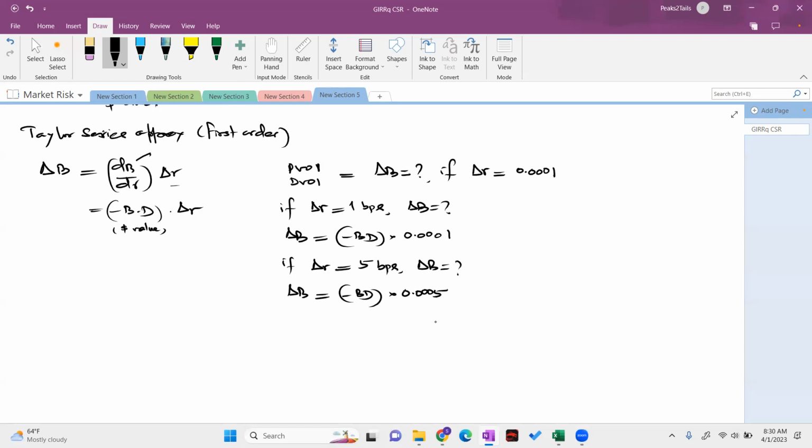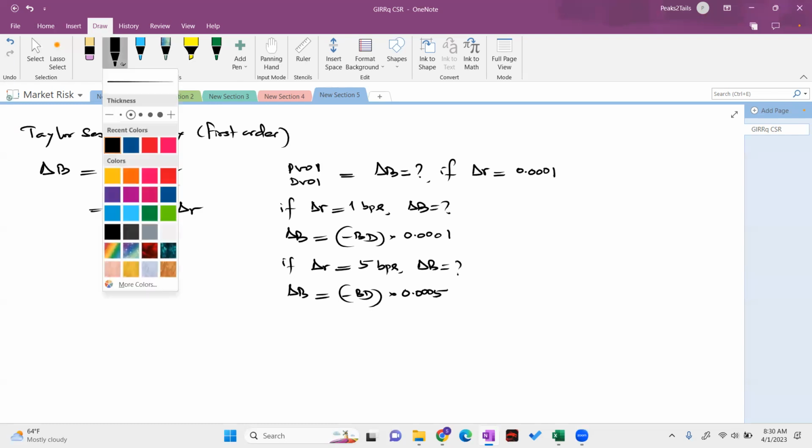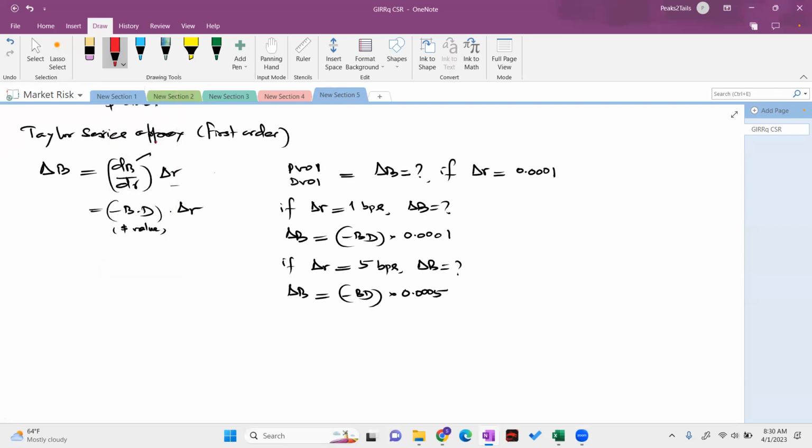Now, here is the thing. There is a little bit of ambiguity in how we define things. To me, this whole thing is PV01, which will tell you exactly a dollar value. Say for a 1 basis point change in interest rate, the change in value of the bond is $10.